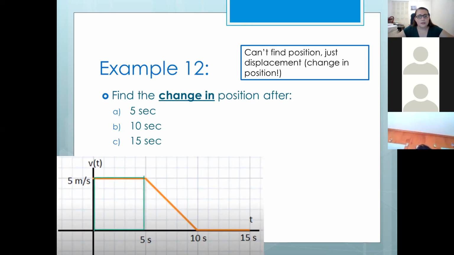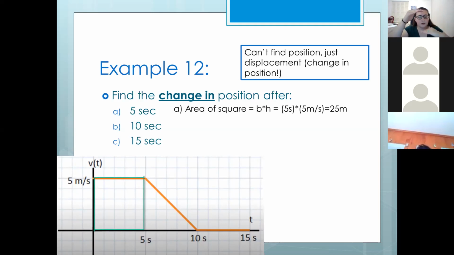Okay, so we can see from 0 to 5 seconds, the area under the curve, in this case, creates this square. And so the area of a square is base times height. Our base goes from 0 to 5 seconds, so that's 5 seconds long.